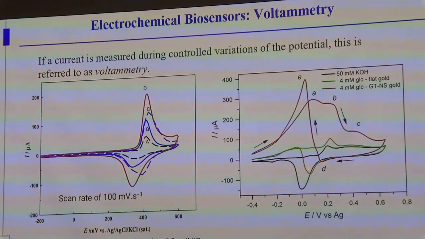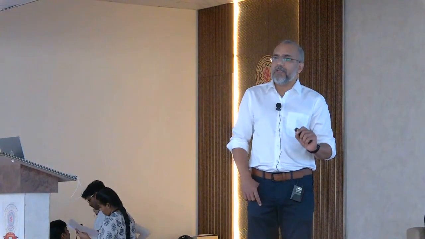Flat gold looks very simple, but in nanostructured gold you see how the graph looks. It goes from this side to this side, then comes back, goes up, and comes back. This is the cyclic voltammetry that shows what's going on in the system, what type of reaction is happening at what stage. So for any electrochemical sensing application, it's always suggested to do a very careful cyclic voltammetry experiment.